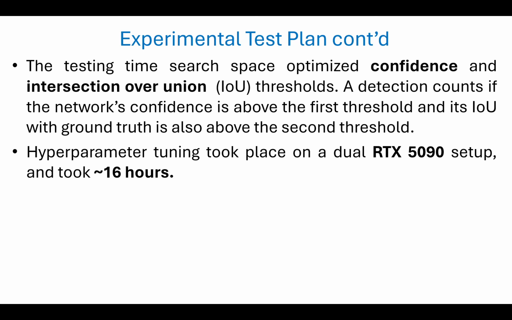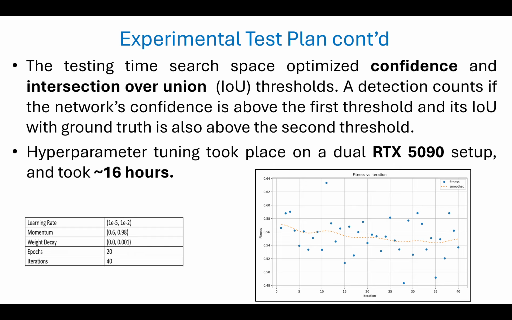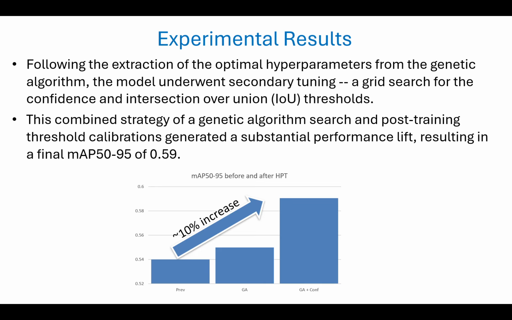These thresholds play a critical role in real-world reliability. The full tuning process requires approximately 16 hours on a dual RTX 5090 system, a meaningful computational investment that resulted in consistent and reproducible accuracy improvements.